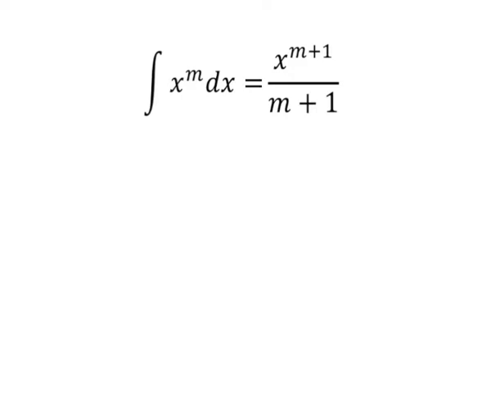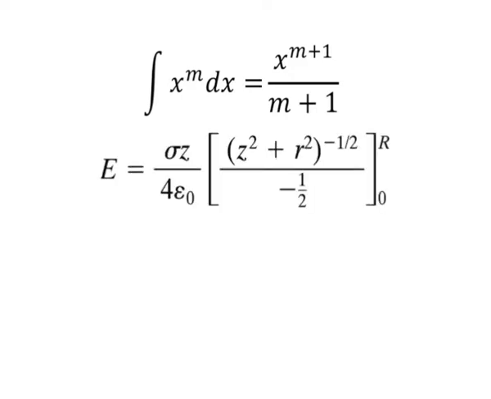And so, equation B becomes E is equal to sigma z upon 4 pi epsilon 0 into (z square plus r square) to the power minus half divided by half, from 0 to R.